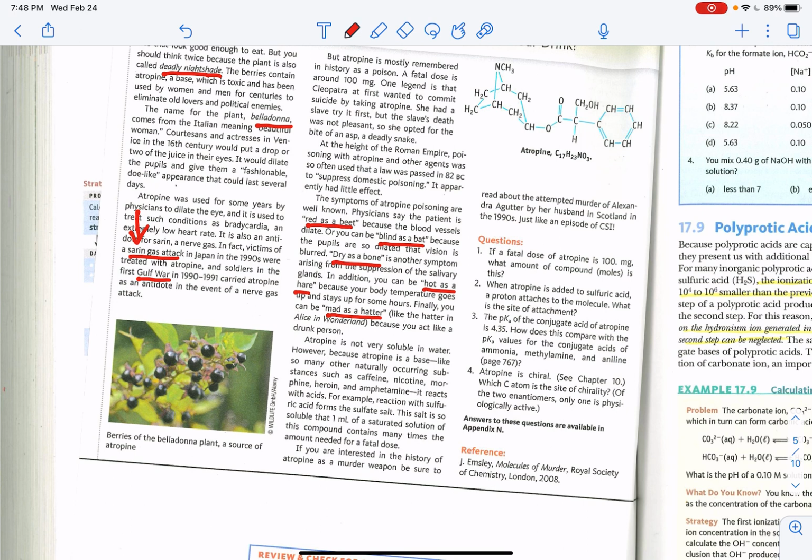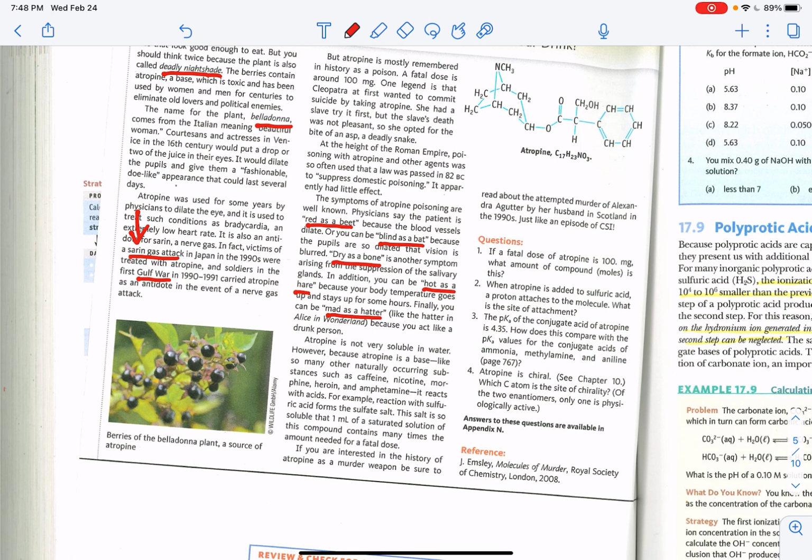And because of all this blood rushing through your body, temperature goes up, hot as a hare. And of course, it can also affect your ability to think. And you become, like in Alice in Wonderland, mad as a hatter. Actually, the phrase mad as a hatter comes from the use of mercury compounds by the people that made felt hats out of beaver skins during the time when Lewis Carroll wrote the book Alice in Wonderland.